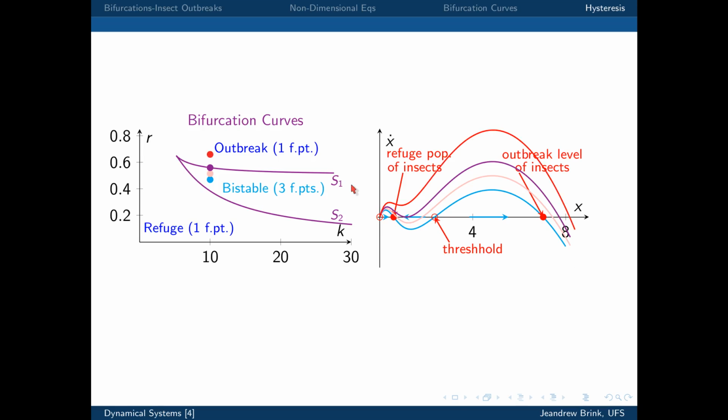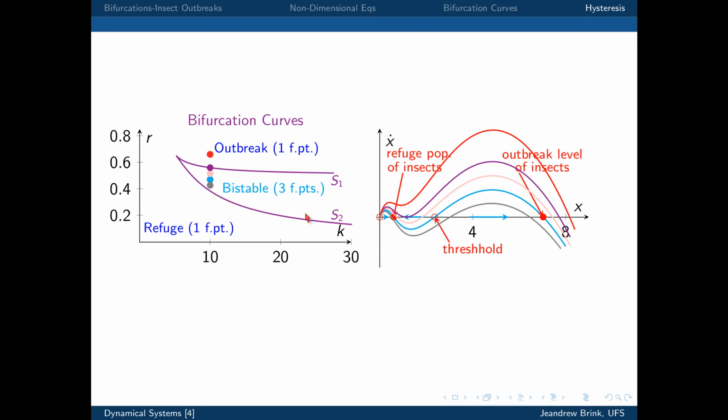In this case, where you have changed your parameters so that you choose R high enough that it lies above the S1 curve, you basically have only one stable fixed point, and that's here at the outbreak level. So you no longer can have the refuge population, you always are going to go to the outbreak problem.